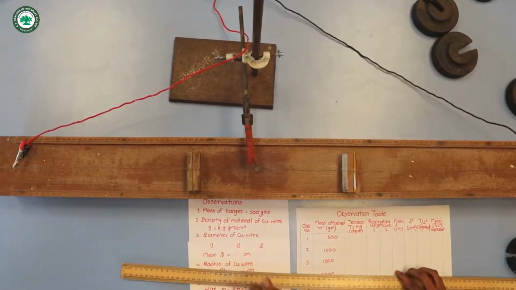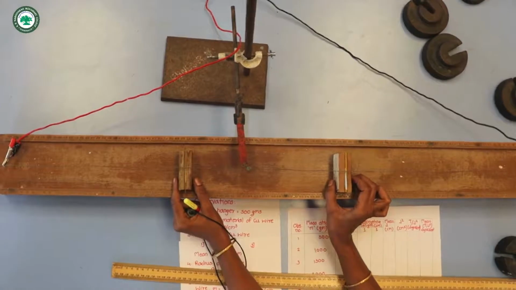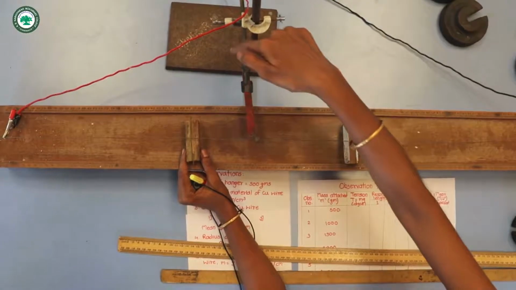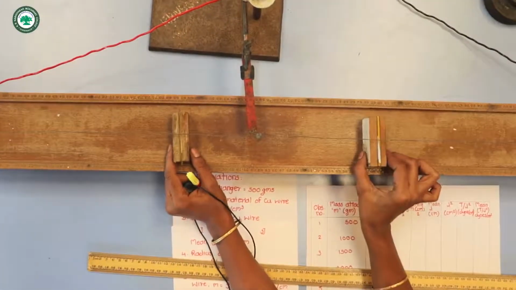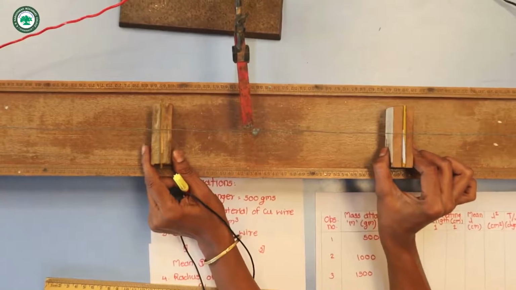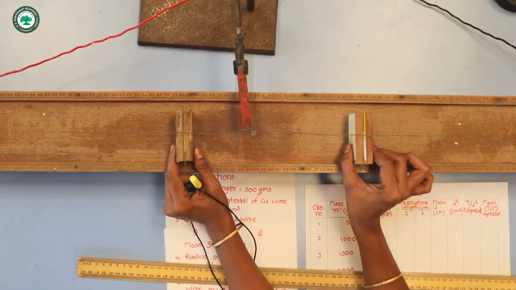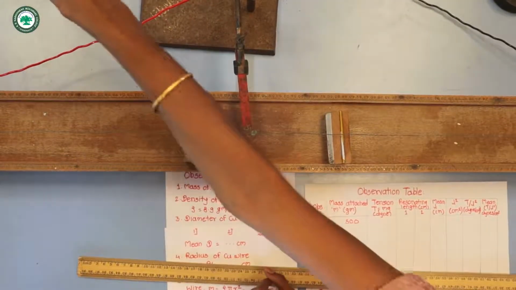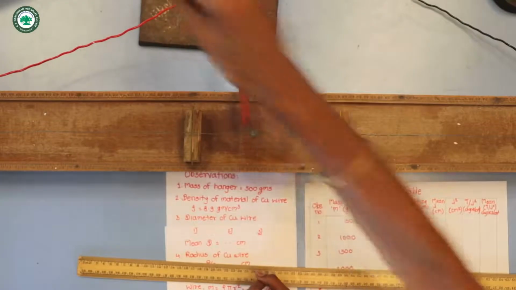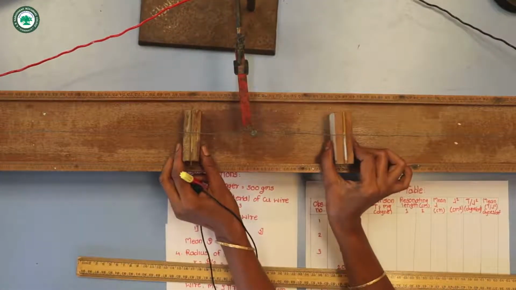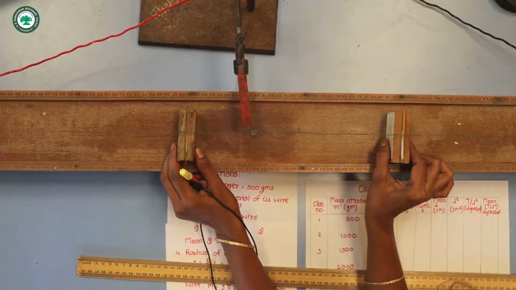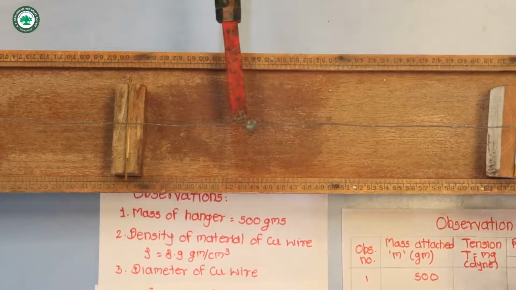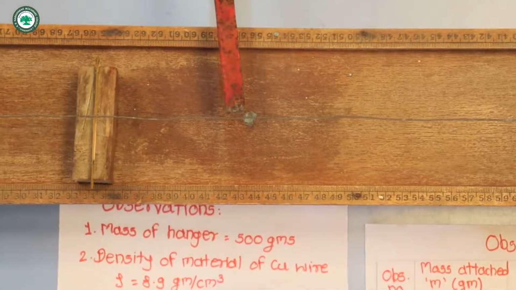When weight is attached and we move these movable bridges, due to the application of electric and magnetic energy and the application of tension, we observe the resonance at a particular length, and this is the length at which the wire starts vibrating.